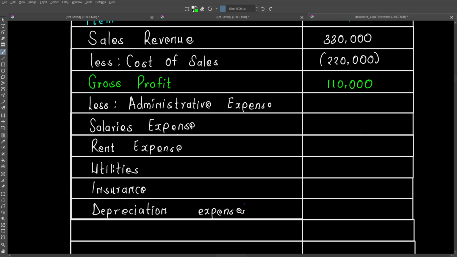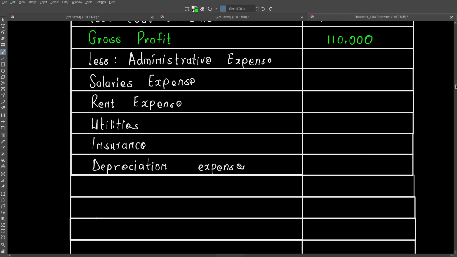So what is our total? Administrative or operating, they are the same. What is the total administrative expense? So we are going to sum the expenses. We have our salaries expenses, they were 45,000.